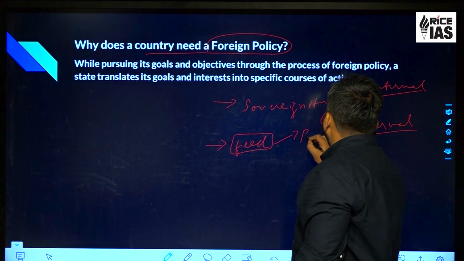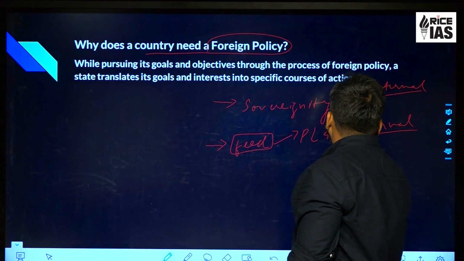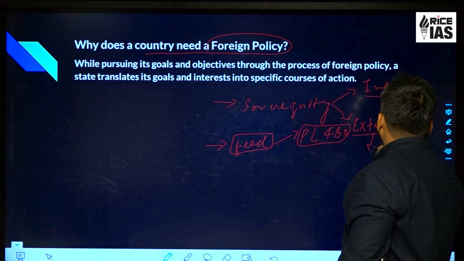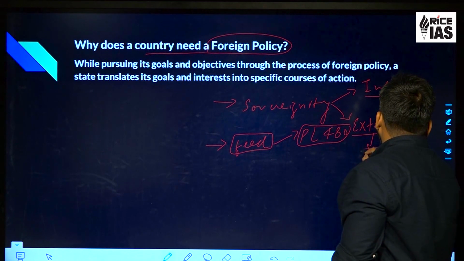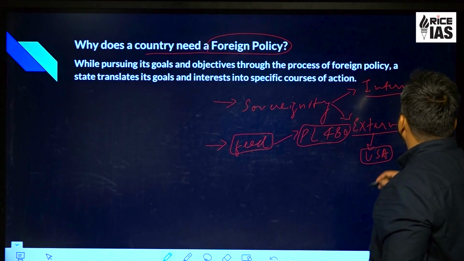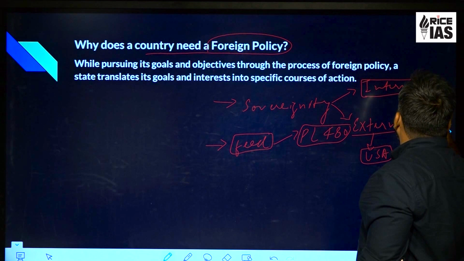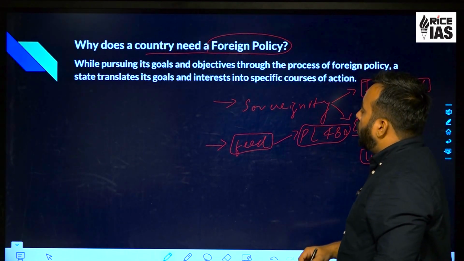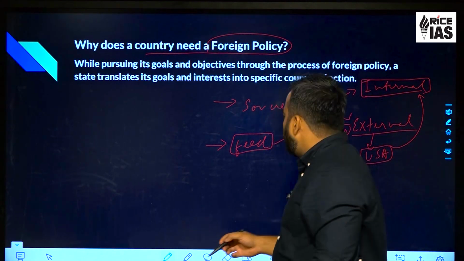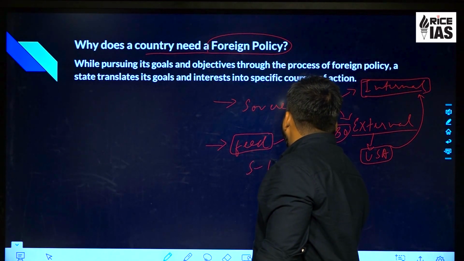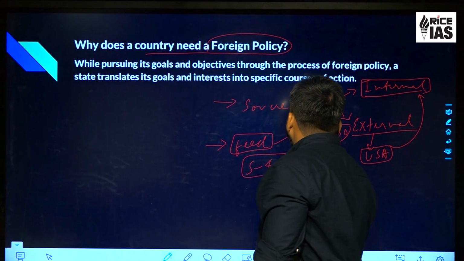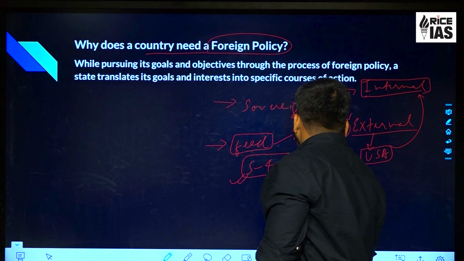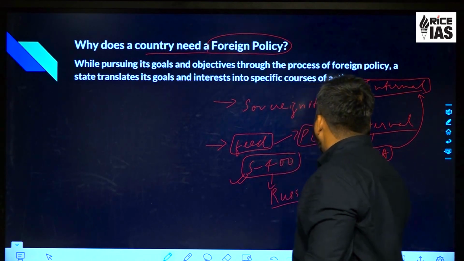So, we have the example of the PL 480 program, Public Law 480, where India got grains from USA. So, here USA is an external actor and it is helping us fulfill our internal demand, which is demand for food. So, that is just one example. Another example is S-400 defense systems taken from Russia. We need to secure our borders.